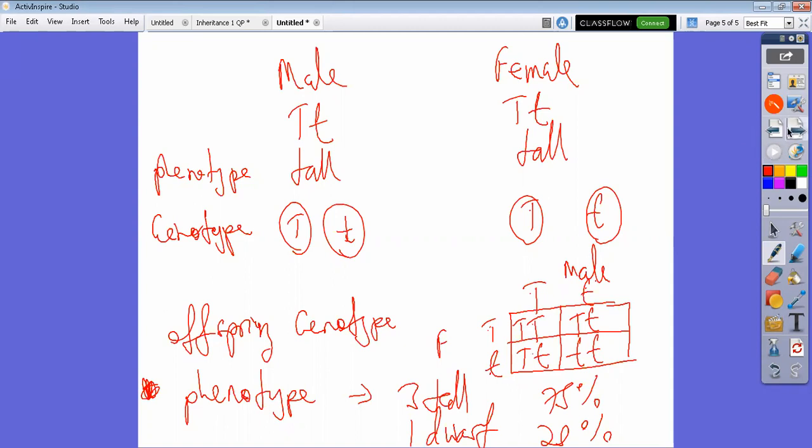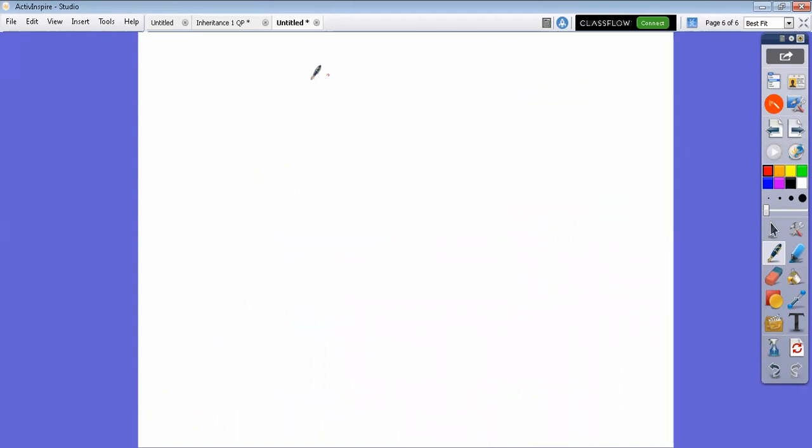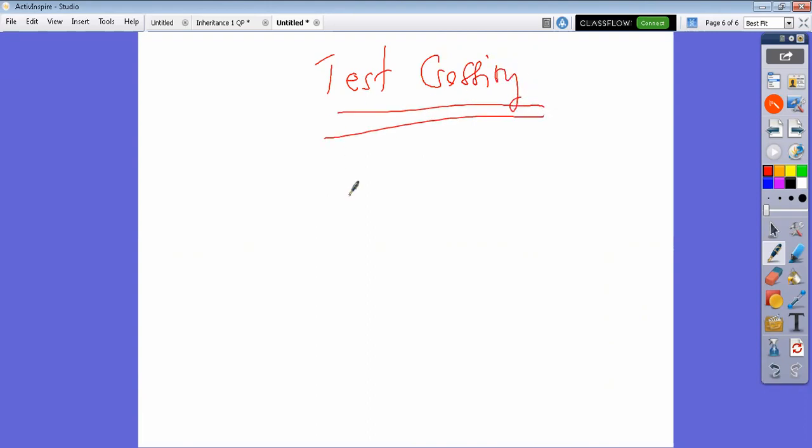Yes, sir. So now, having said that, we have what is known as test crossing. Test crossing is done using a homozygous recessive.